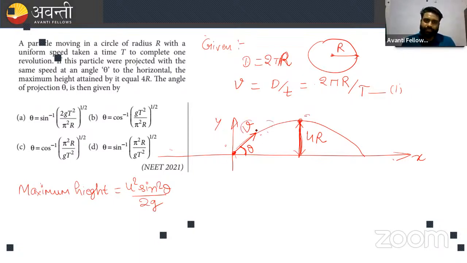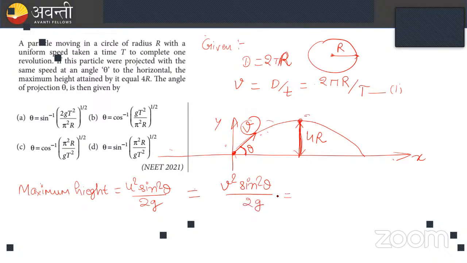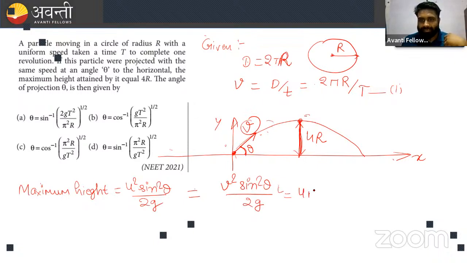Here we are given v, so we replace u by v. So it is v square sine square theta by 2g. This is the maximum height, and what is provided to us? The maximum height attained by the particle is equal to 4r, so we write it as 4r.